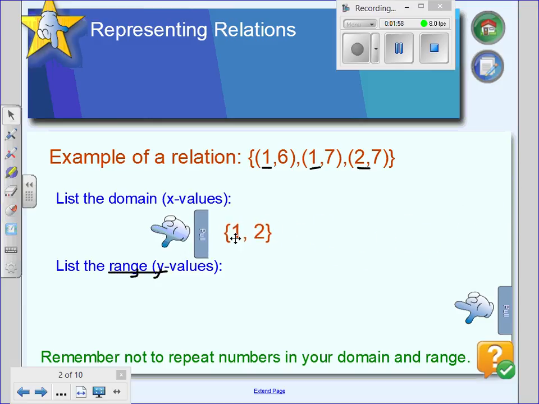Notice that there are no parentheses inside anymore because we're just listing each x value. They're not points anymore. It's just the x's of the points. So for the domain, we use curly brackets and list all the x's. For the range, we'll list all the y's. So 6, 7, and 7. And we see that the 7's repeat, so we only write that one time as well.